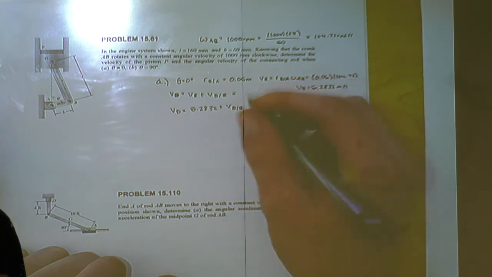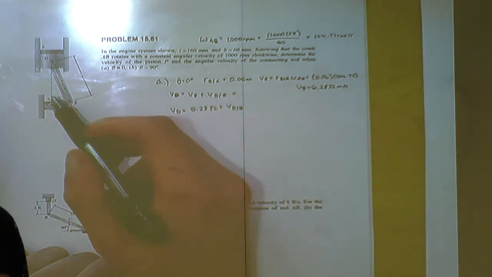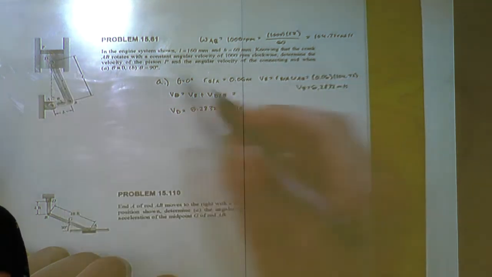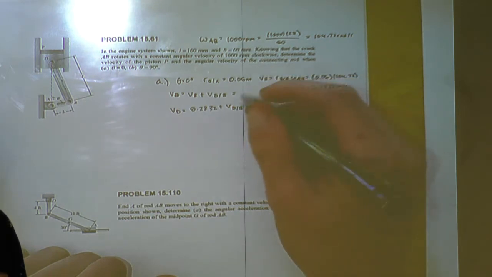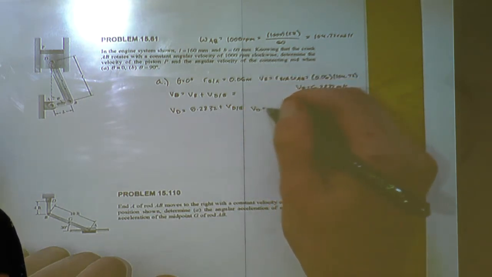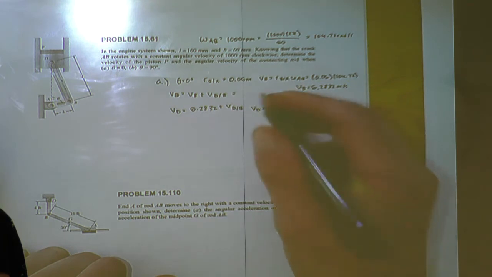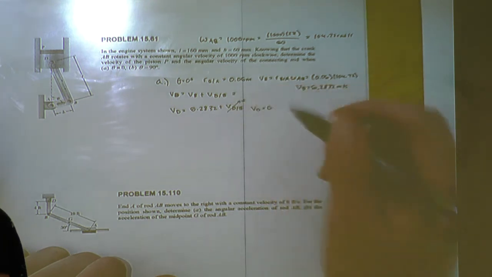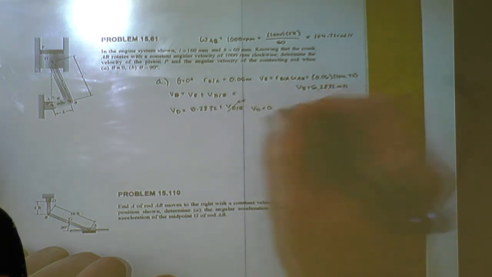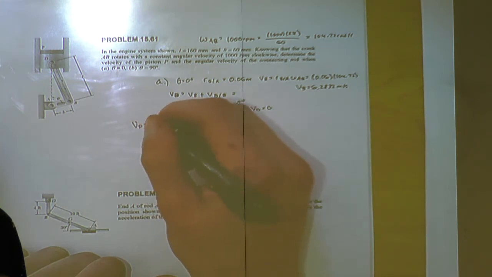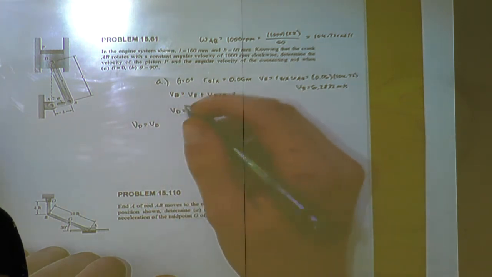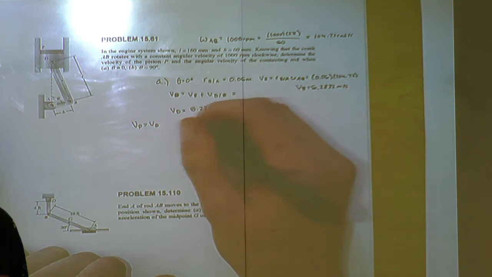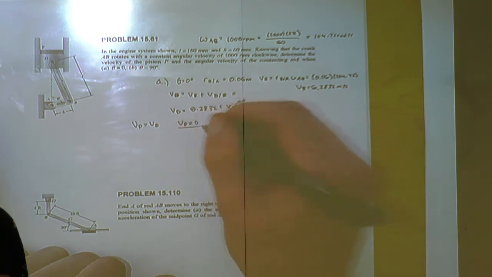And at that point, they're all going to be in a straight line. So vD is going to be equal to 0. We have that vP is equal to vD. So vP is equal to 0.